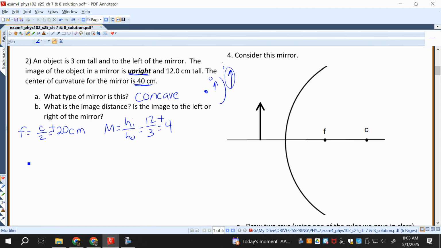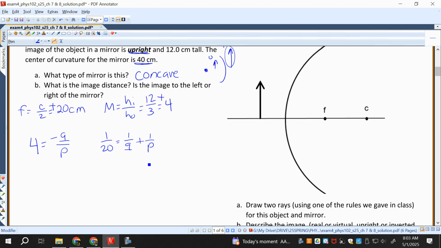So I know that the magnification, which is equal to 4, is equal to negative Q divided by P. I also know that 1 over the focal length, that's 1 over 20, is equal to 1 over Q plus 1 over P. So I have this system of 2 equations, and I want to solve it.